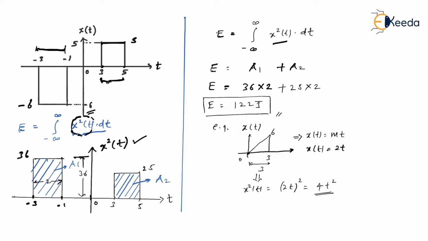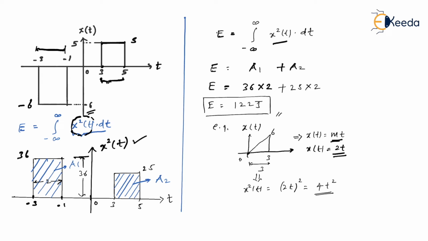Okay, so 4t square, since it has become a parabola, first of all, you cannot draw its exact nature, and secondly, even if you draw the parabola, it becomes very difficult for you to find area of the parabola. Is that right? So whenever your x of t are time dependent, this second method, that is a graphical approach, is useless for you.